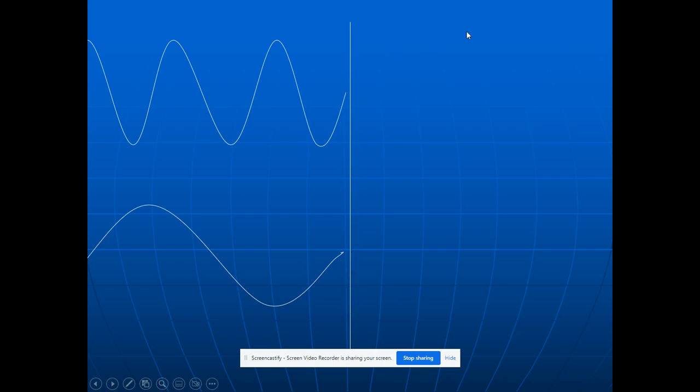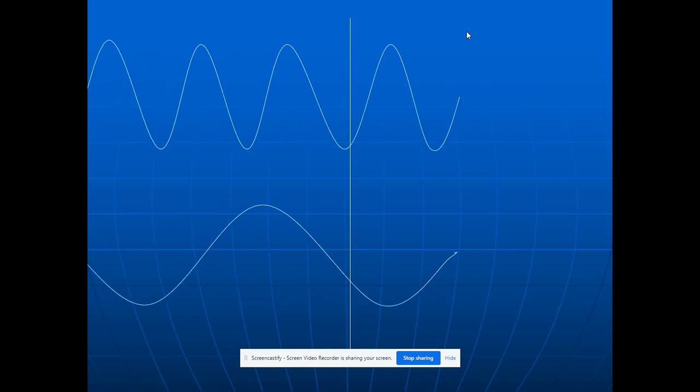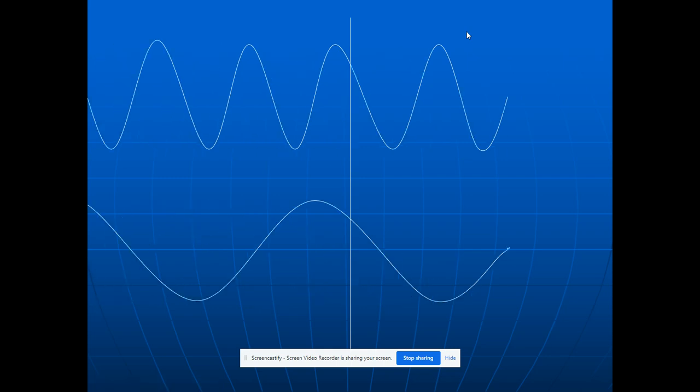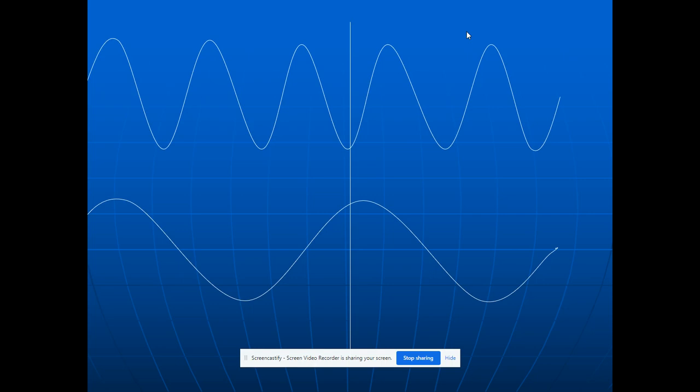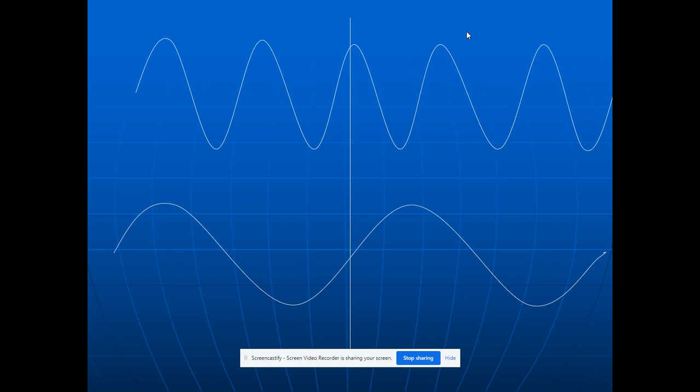So as the wave starts moving to the right, as you can see, they're both going the same speed. The front of both waves are at the same point, but we've got many more waves passing the line on top than we do at the bottom. Actually, at this point in time, only one wave has passed.